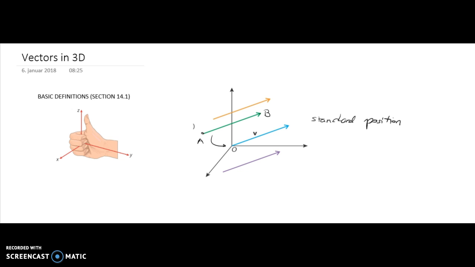In that case, if the terminal point is a point P with coordinates x, y, z, we can write the coordinates of the vector v as being those coordinates x, y, z exactly.